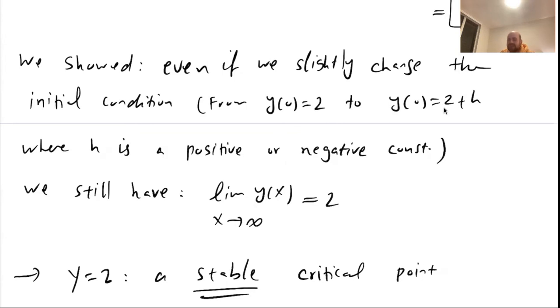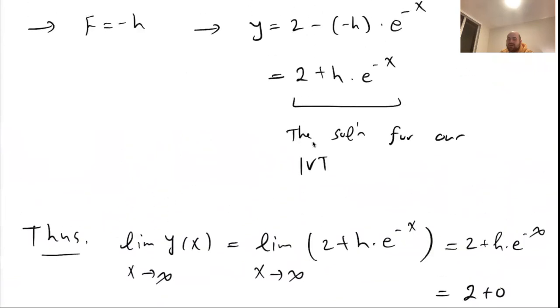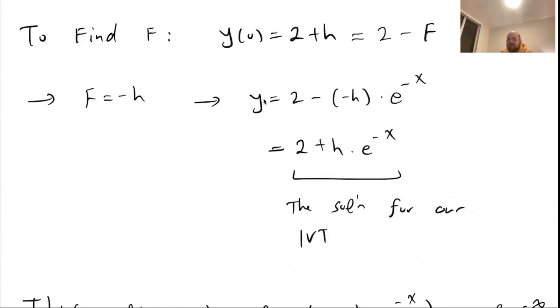Can we still say that the solution still satisfies this condition, still the limit of the solution as x goes to infinity is 2? Well, we just saw that when we slightly change the initial condition, the solution will be completely different now. Instead of y equals 2, if the initial condition is 2 plus h, the solution will not be constant function 2 anymore. It will be 2 plus h times e to the power minus x.